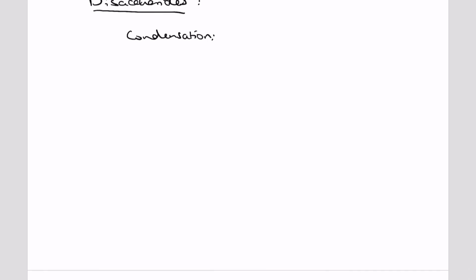So if we have a look at two monomers reacting, let's say we react two alpha glucose molecules. If we react two alpha glucose molecules, what we'll end up getting is maltose. So let's have a look at that reaction. We've got one alpha glucose here, and let's get another alpha glucose here.